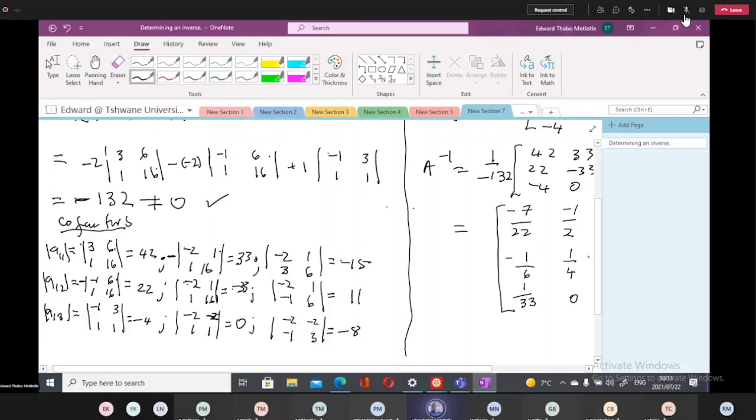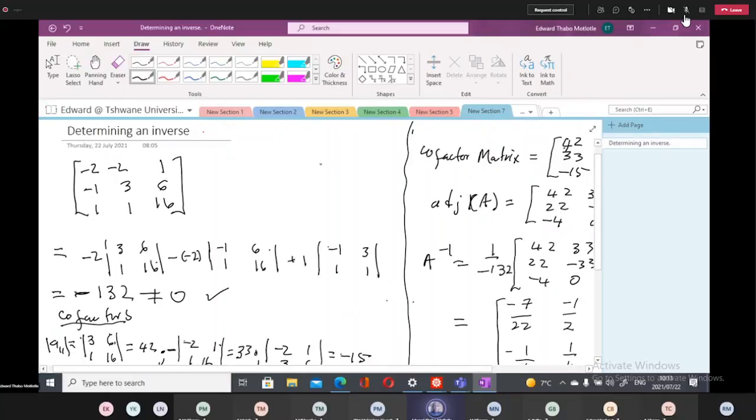How do you determine them? We need signs: positive, negative, positive, negative, positive, negative, positive, negative, positive. And you are going to use each and every entry: -2, -2, 1, -1, 3, 6, 1, 1, and 16.